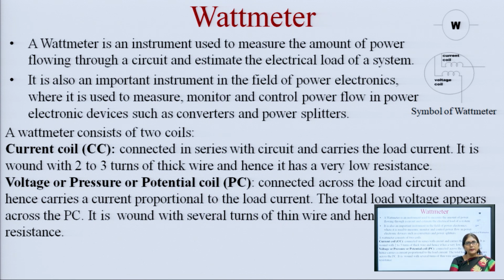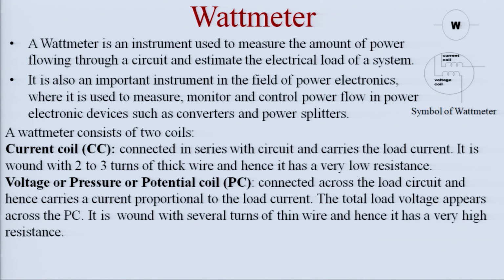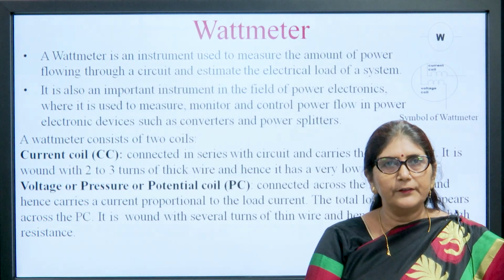A wattmeter is an instrument that is used for the measurement of the amount of power flowing through a circuit, and by this wattmeter we can estimate the electrical load of any system. This wattmeter is also important when we are using power electronic circuits, because by this wattmeter we can measure, monitor and control power flow in the power electronic circuit.